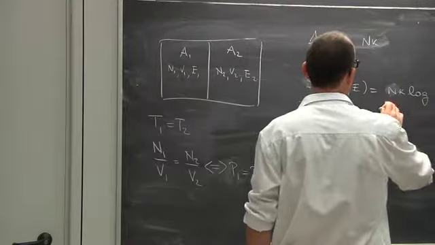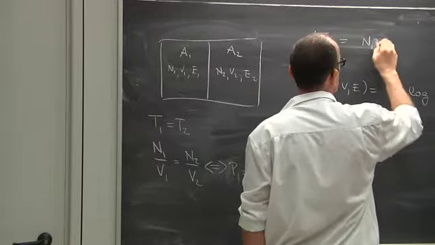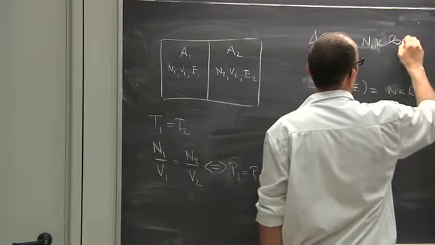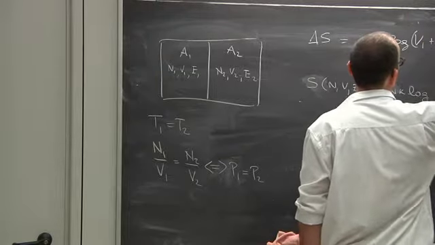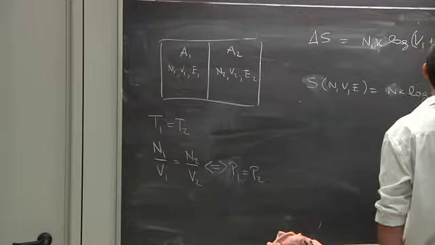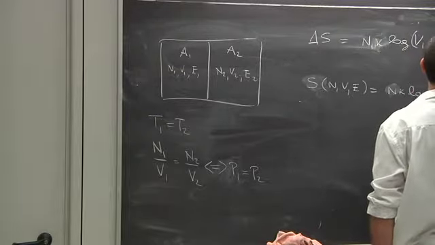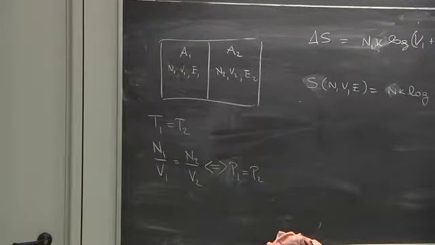So the change is that at the end I will get N1 particles in volume V1 plus V2, N2 particles in volume V1 plus V2. This is the final entropy, and the initial entropy is N1 particles in volume V1 and N2 particles in volume V2. Okay?